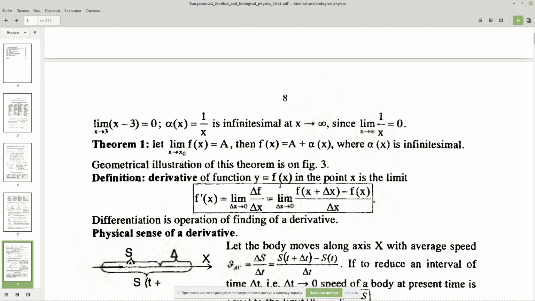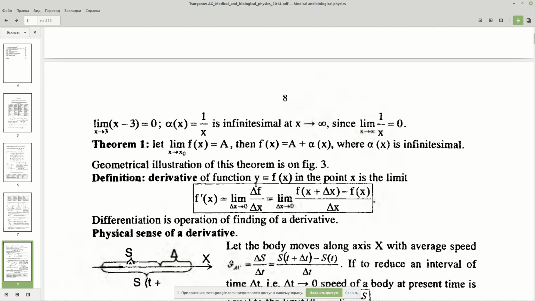Definition: the derivative of the function y equals f of x at the point x is the limit. The derivative f prime of x will be the limit of delta f divided by delta x when delta x goes to 0.